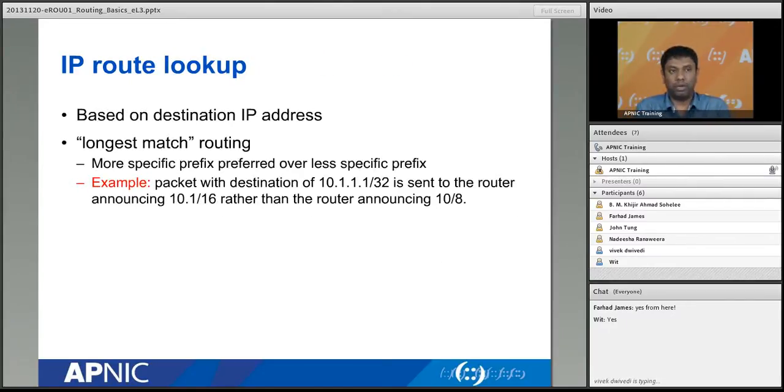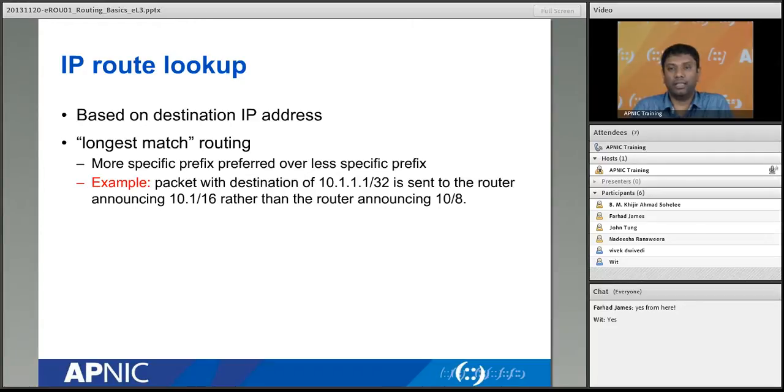Routing lookup: how does a router do the routing lookup? Probably all of us are aware of the longest prefix match, or the IP prefix. If you consider an IPv4 address, the packet destination is some IP address, and the router does a lookup within the routing table against the network addresses.